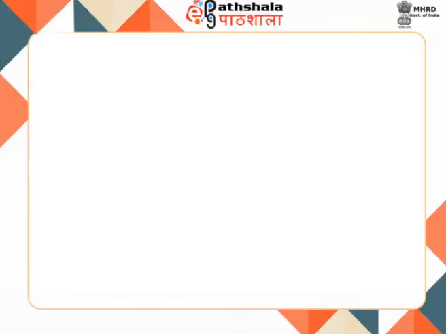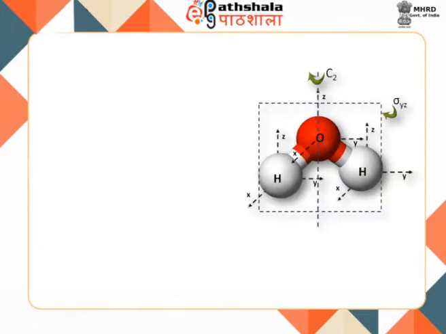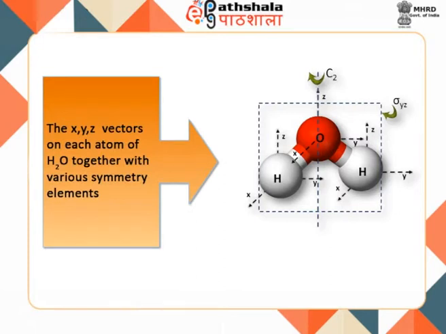You are already aware of the concept of reducible representations, so let us now recollect some facts about reducible and irreducible representations by taking a few examples. Let us take the H2O molecule and make use of 3n Cartesian coordinates on each and every atom as the basis for representation. The x, y, z vectors on each atom of H2O together with various symmetry elements in it are as shown in the figure.